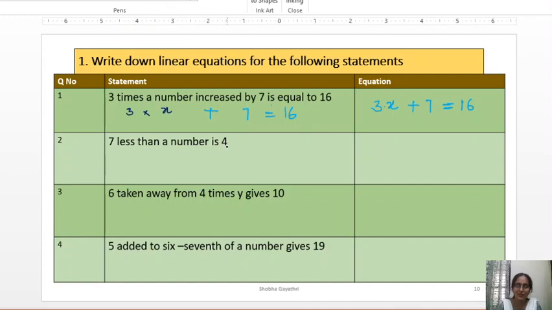7 less than a number is 4. Now, less than means you have to subtract. 7 less than a number is 4.